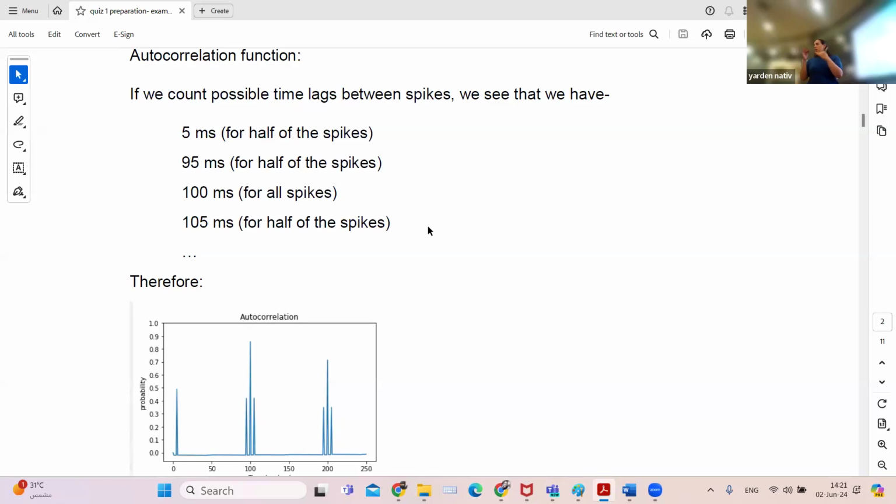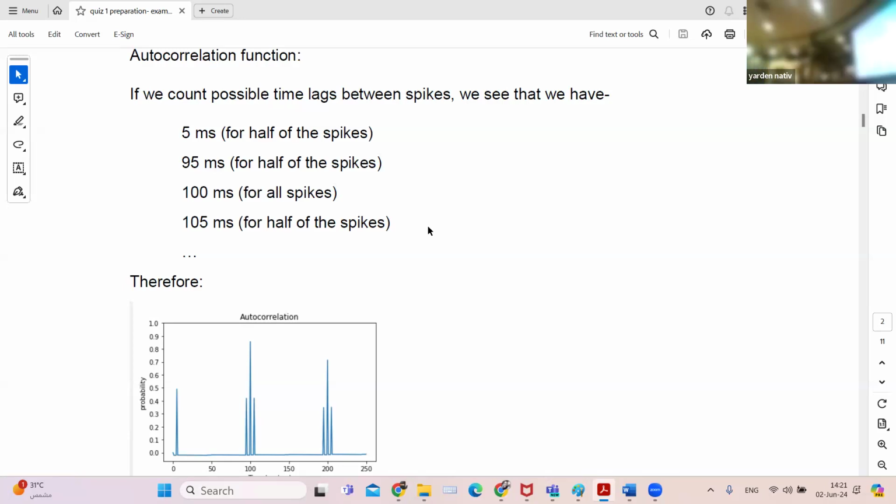And then when I do this shift, is it clear why for half of them it's the 5 and 95, and for all of them it's the 100? Yeah. Shift, you have the alignment. Yeah, exactly. So you can calculate the autocorrelation in two ways.